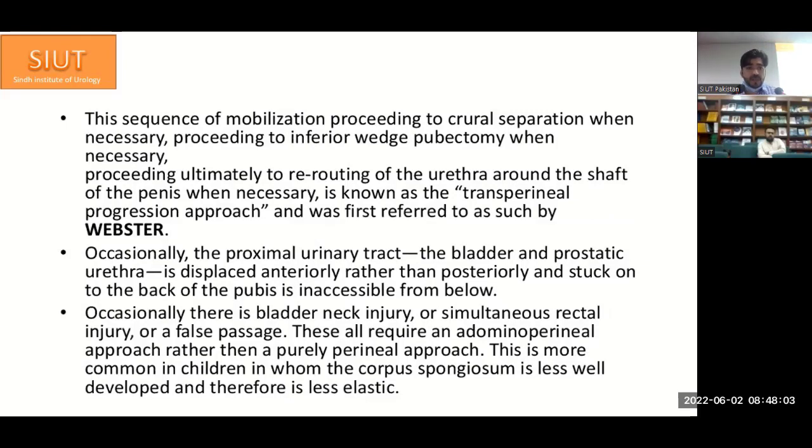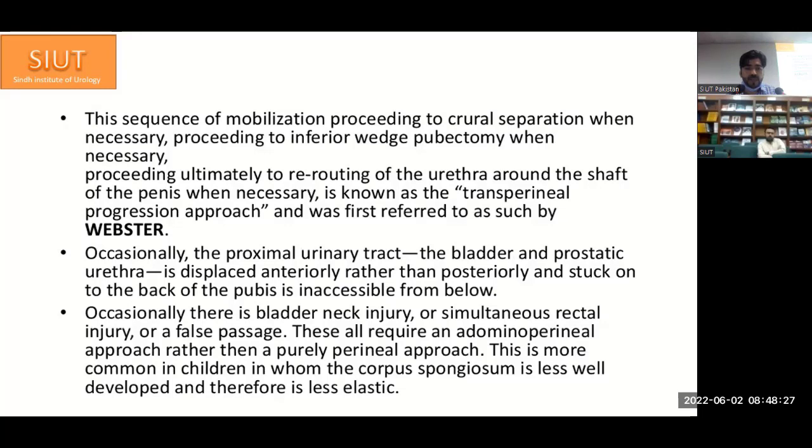This sequence of the mobilization process, the crural separation, proceeding to inferior wedge pubectomy when necessary, proceeding ultimately to rerouting of the urethra around the shaft of the penis when necessary, is known as the transperineal approach, first referred to by Webster.